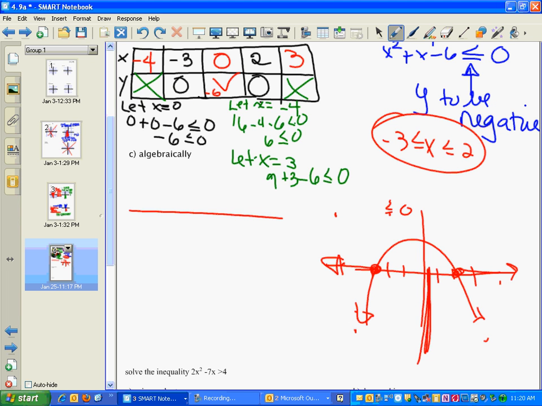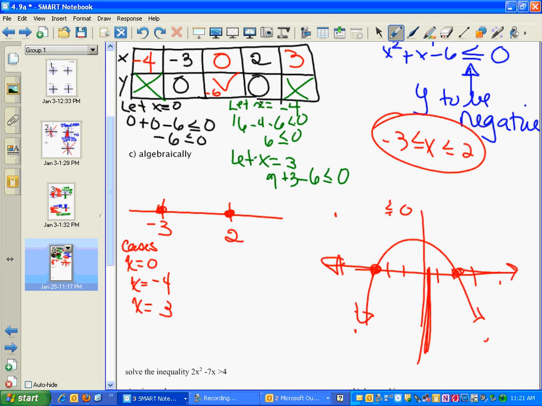It's just using a number line. So -3, +2 are my zeros. I'm literally going to dot this in solid and solid because of the inequality having the equal sign. And then you do your cases again. Let x equal 0. Let x equal -4. Let x equal 3.